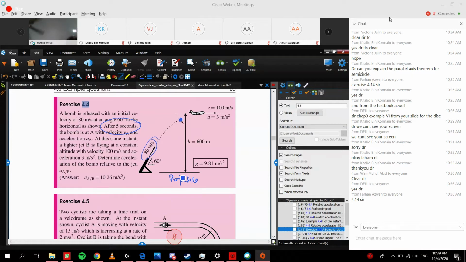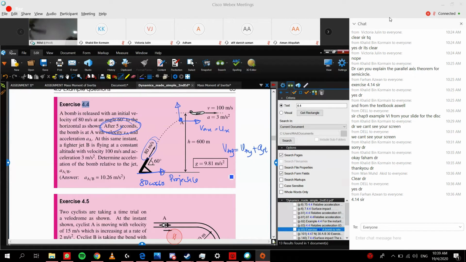Basically for this, V_AX is known. V_AX is equal to U_X, this is your U_X, 80 cos 60. For V_AY, you need to use the formula for projectile. You are given the time, so basically V_AY equals U_AY plus A_Y t. Agree?